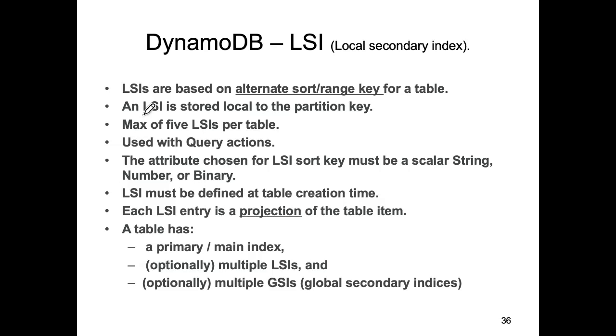Each partition will have its own LSI for the table. You can have a maximum of 5 LSIs per table. So if we had 5 alternative sort keys that made sense, then we can design 5 LSIs.